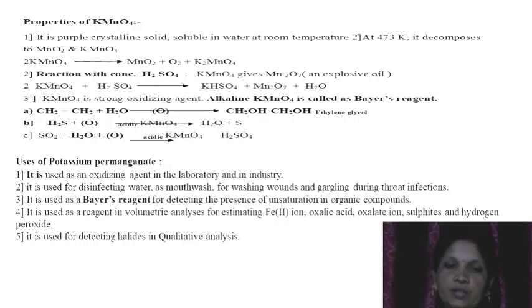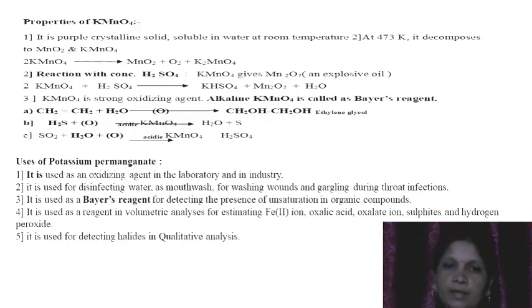Now the second reaction with concentrated H2SO4. KMnO4 on reaction with concentrated H2SO4 gives Mn2O7, which is an explosive oil. The reaction is 2 KMnO4 plus H2SO4 will give KHSO4 plus Mn2O7 plus H2O.